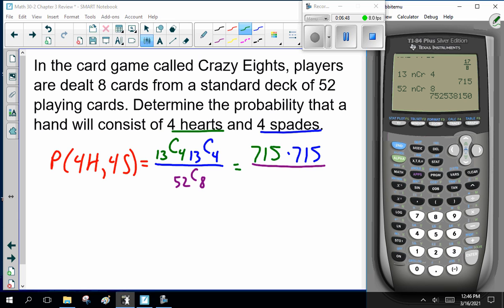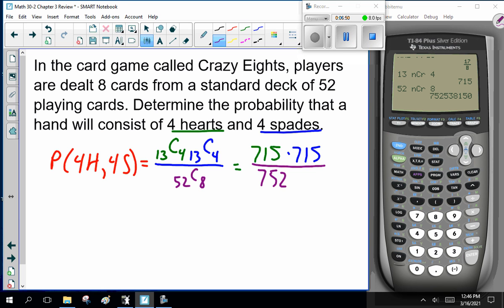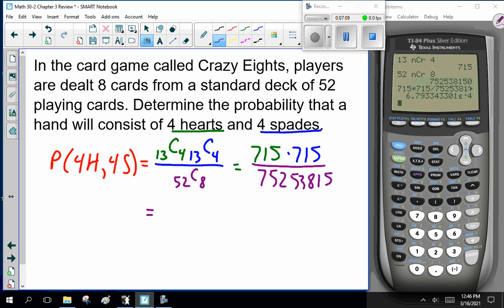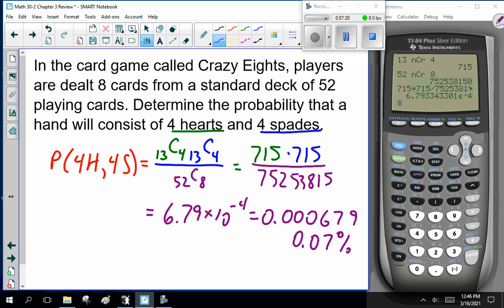Boom. 752538815. Now, turn that into a percentage. That is 715 times 715 divided by that, which is 6.79 times 10 to the negative 4. Very small chance, 4 hearts and 4 spades, because there's a lot of cards you're pulling out.